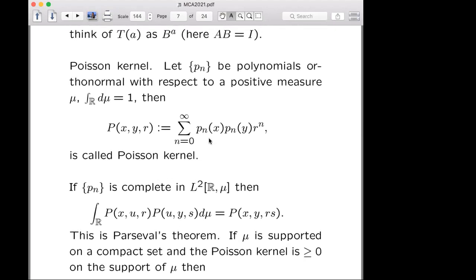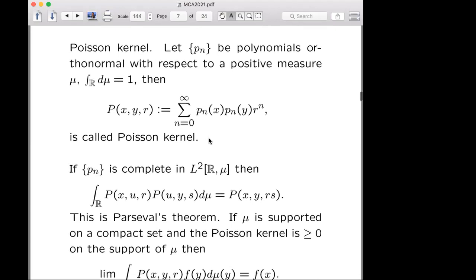And its importance is, well, first of all, it automatically gives me a semigroup of operators. Why?